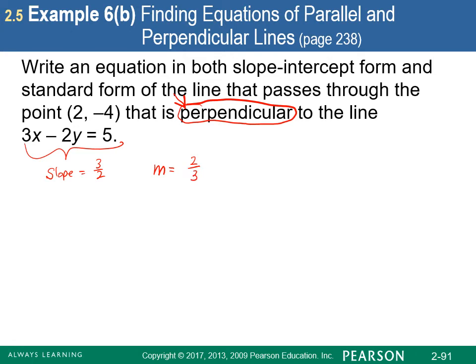And it would be the opposite sign. This is positive, so this one would be negative. So there's the slope. Here's the x1 and the y1. And we can substitute those into our slope-intercept form. And it would look like this.